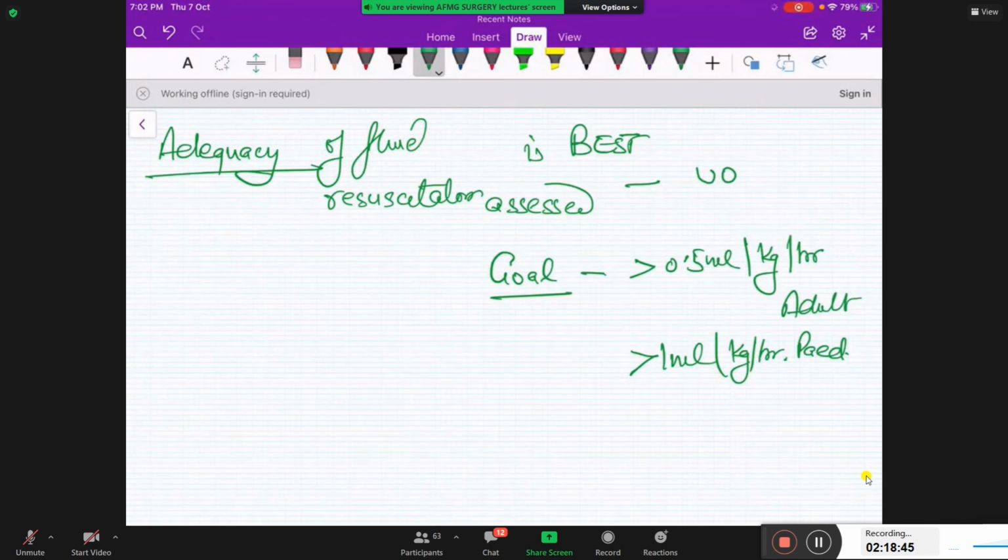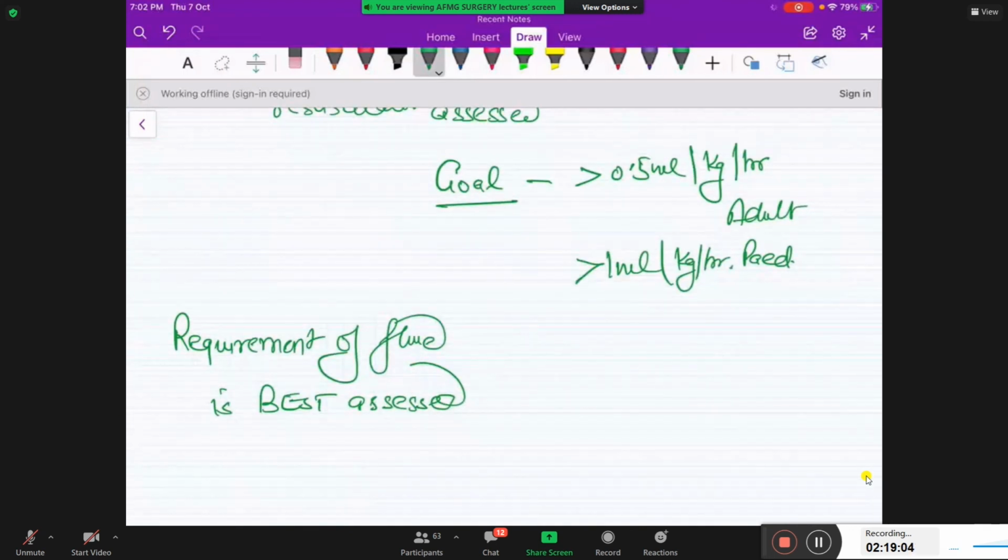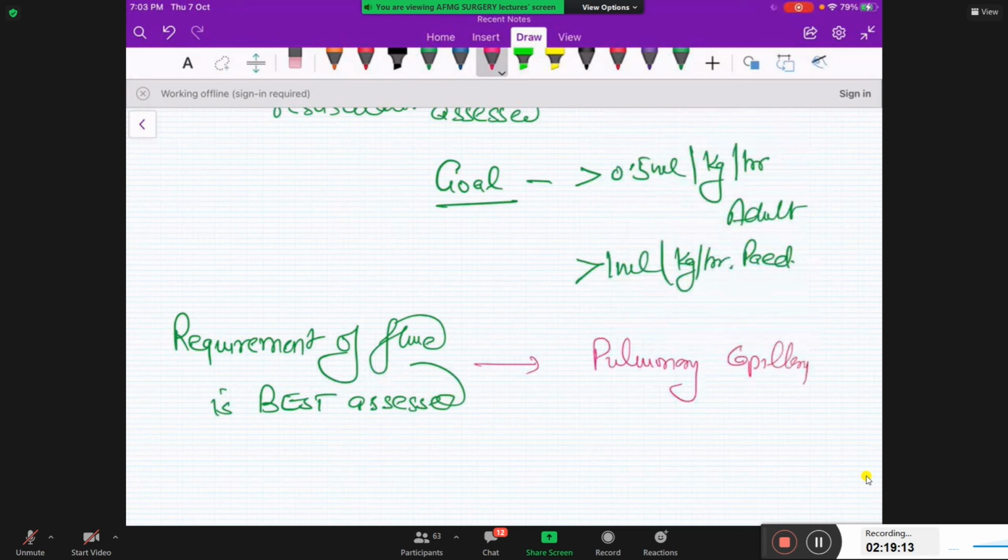And please be very, very careful about the language again. If they ask you requirement of the fluid is best assessed by, your answer should be pulmonary capillary wedge pressure.